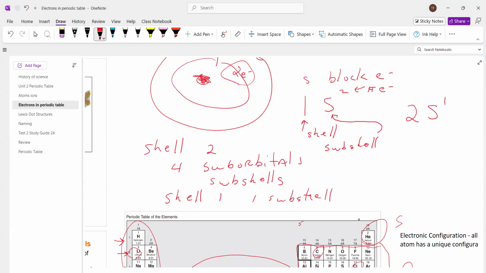Now, the other thing about quantum mechanics is there are shapes to the orbitals. Think of the S as sphere, S-P-H-E-R-E. In other words, it's round, it's evenly distributed around the nucleus. All the other orbitals are not. They have definite shapes, and some of them are quite strange.